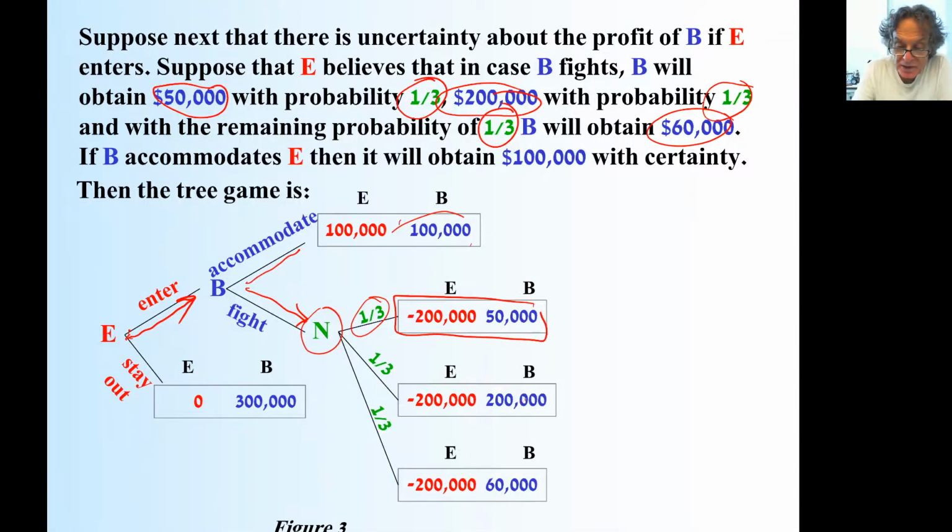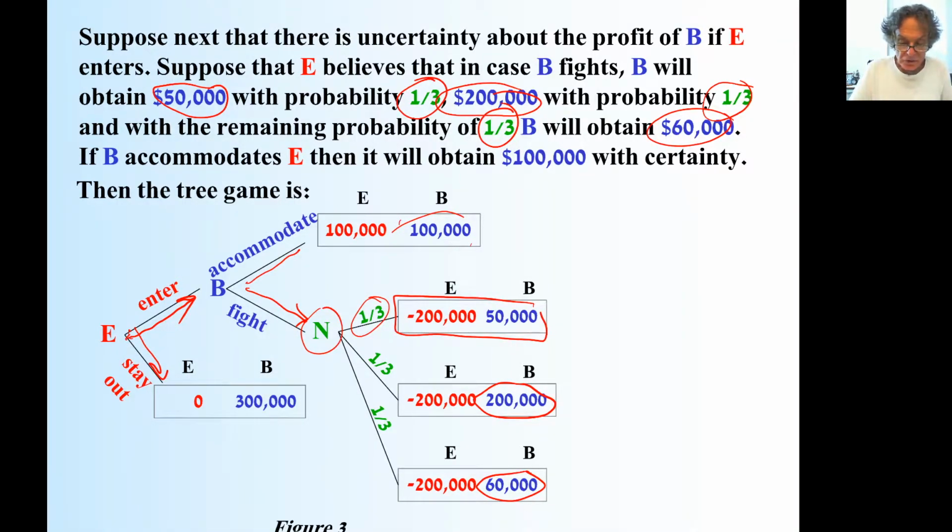With probability 1/3, B is going to make 200,000. With probability 1/3, B is going to get 60,000. In all cases, since B is going to fight, E is going to lose $200,000. As before, if E stays out, 0 for E and 300 for B. So this is the new game.